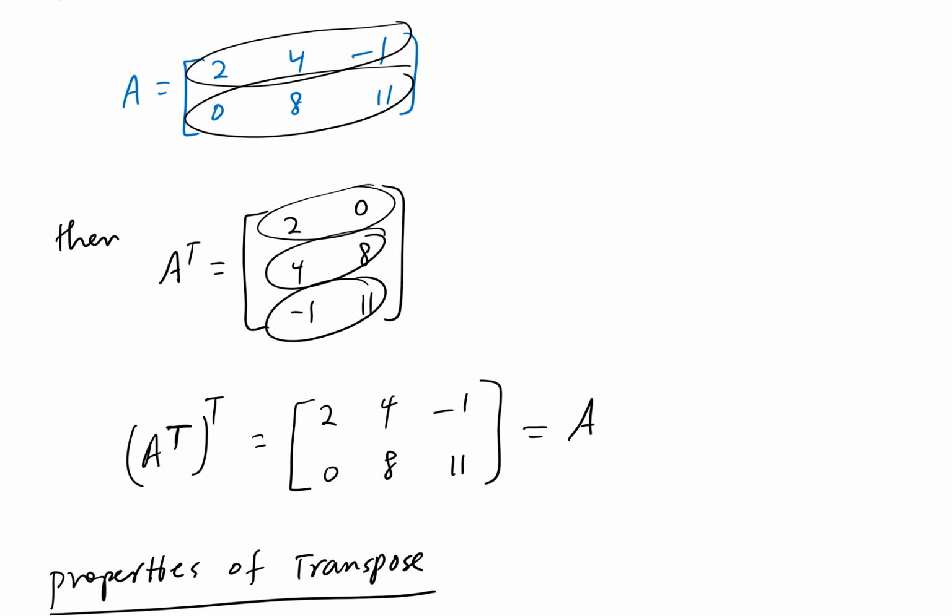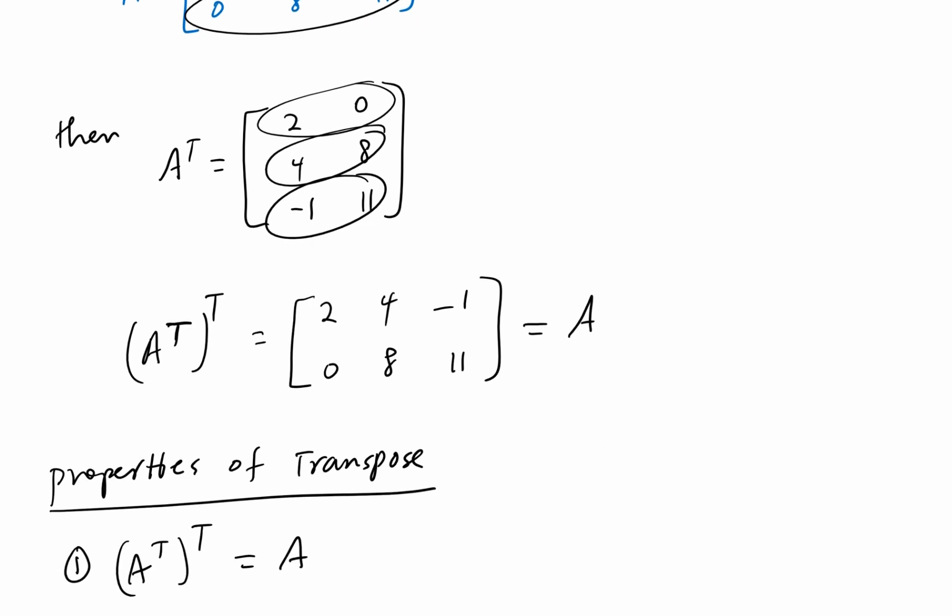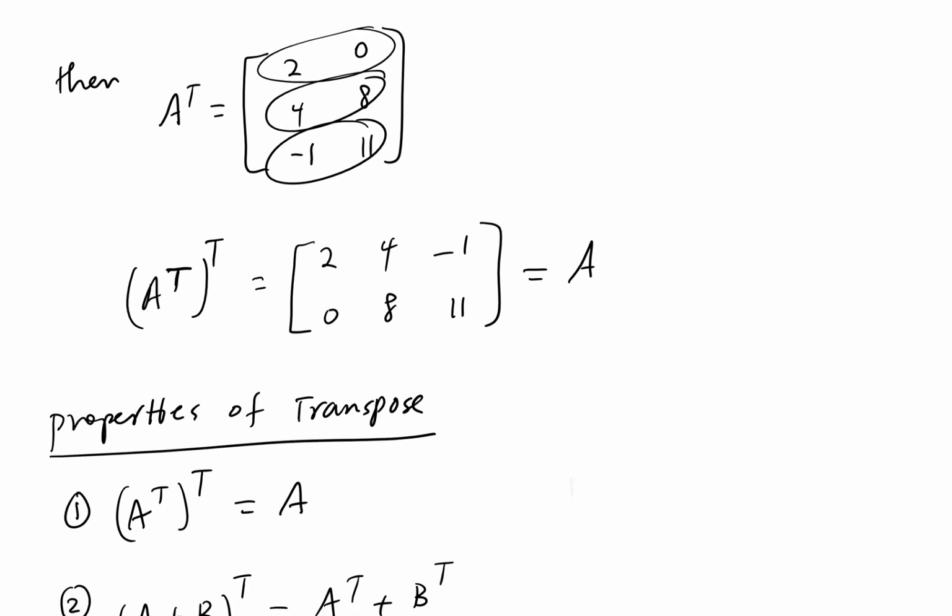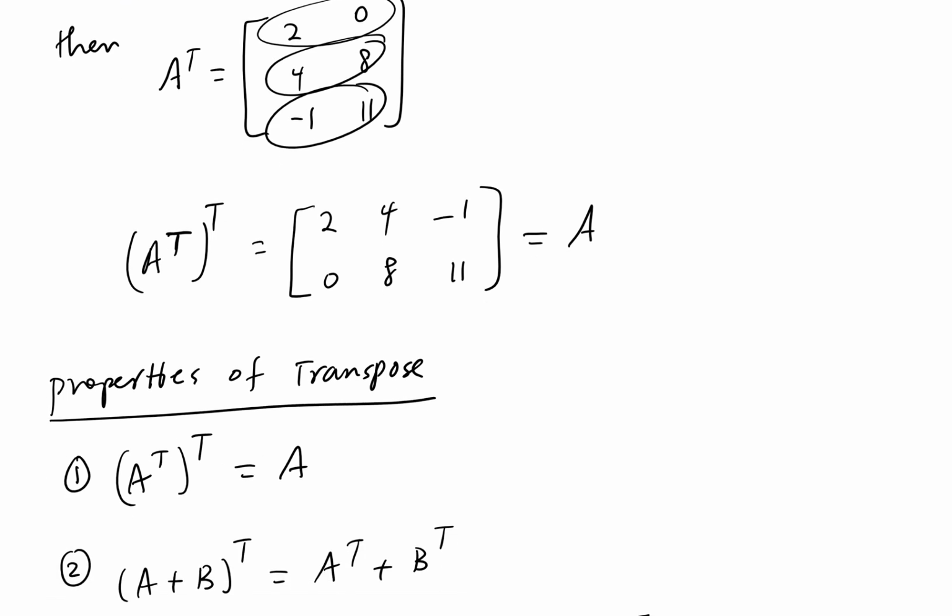What are the properties of transpose matrices? Again, if you do a double transpose, you will get matrix A back. If you take A plus B transpose, it's the same as if you transpose A, transpose B, and add them together. You'll get the same result.